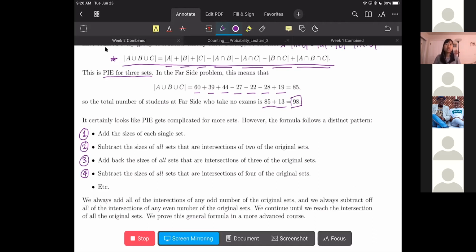You don't, because if they're disjoint, that means there's no overlap, right? So if you have two sets A and B and there's no overlap, that's sort of equivalent to saying there's an overlap of 0 in here.